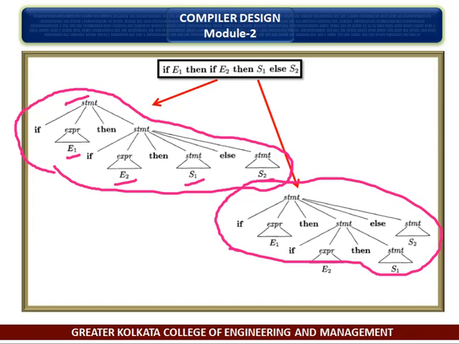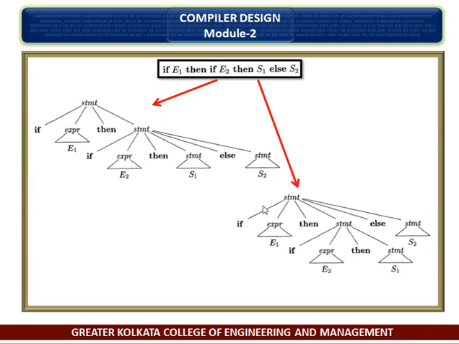Now in all programming languages with conditional statements of this form, the first parse tree is preferred, because the general rule is to match each else with the closest unmatched then.